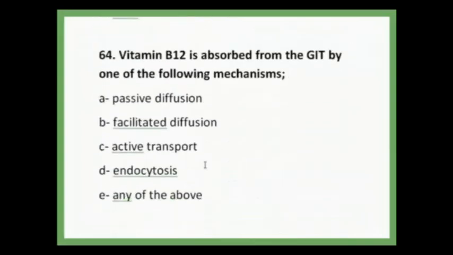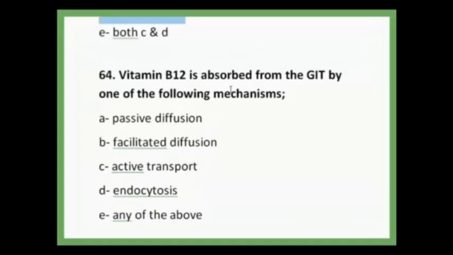Now the fourth MCQ: vitamin B12 is absorbed from the GIT by one of the following mechanisms: passive diffusion, facilitated diffusion, active transport, endocytosis, any of the above. Actually, vitamin B12 is an exceptionally large size molecule, as in the previous MCQ we have discussed.